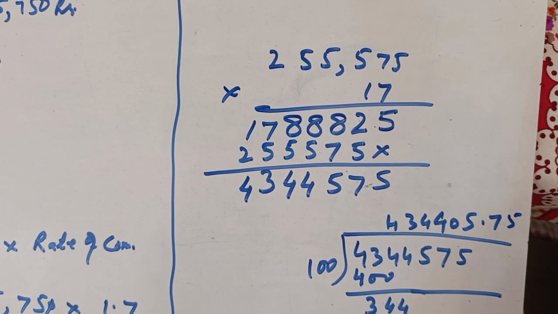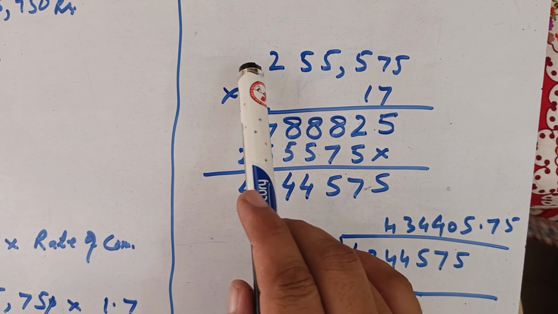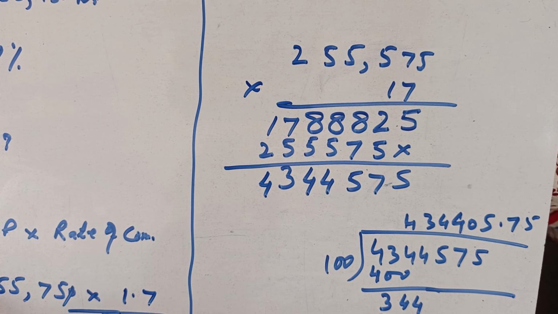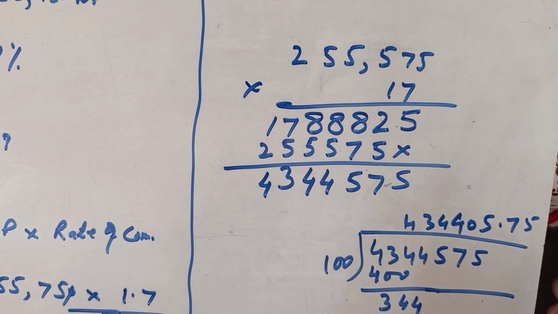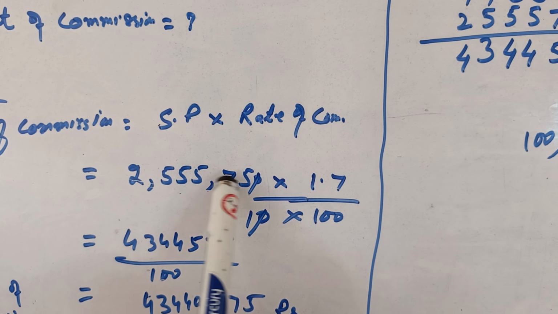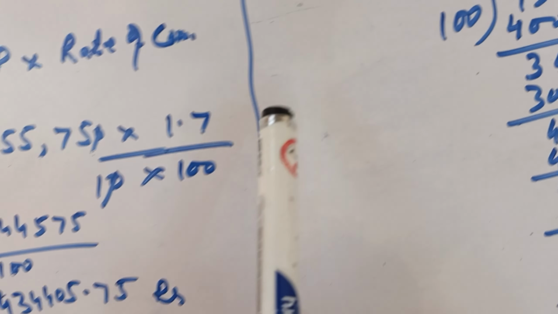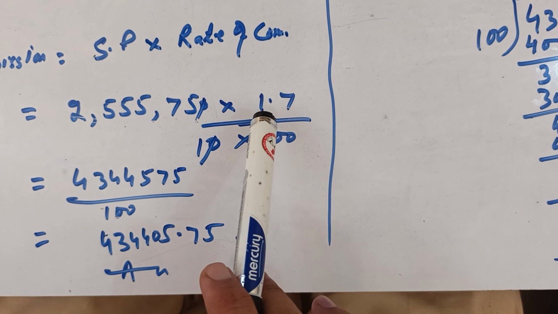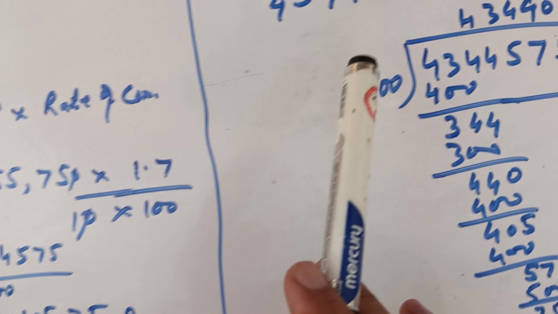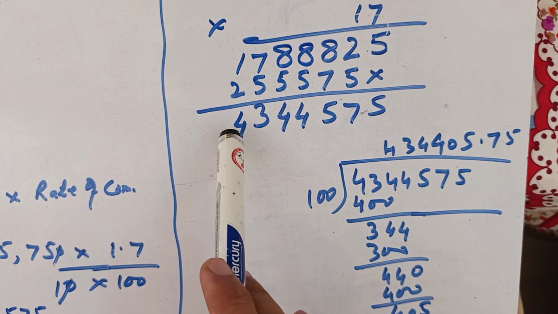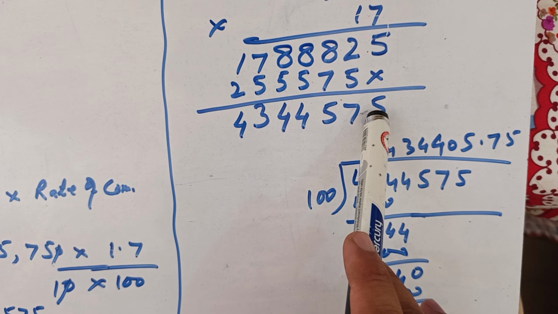You are seeing I have done this multiplication process here. I have written this amount here, and this 17 here, and I have multiplied, so I have got this amount.